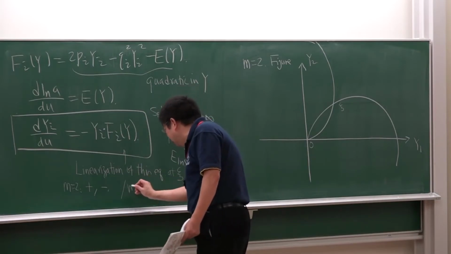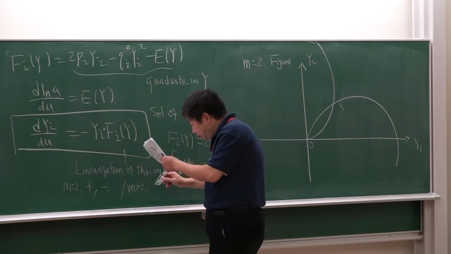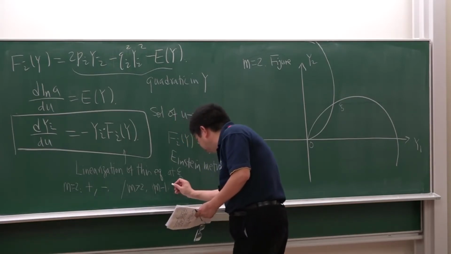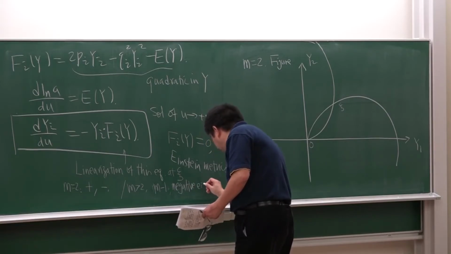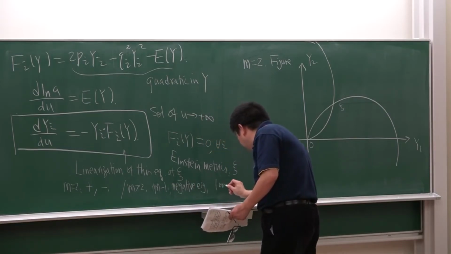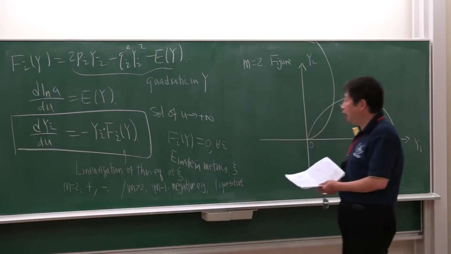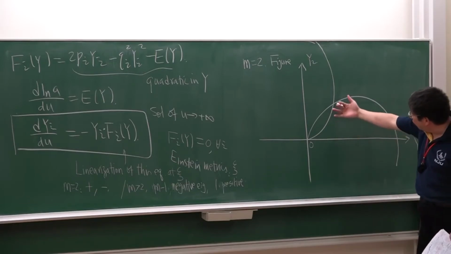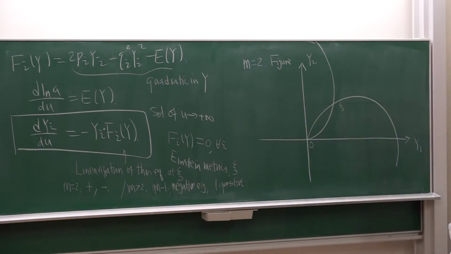If m is bigger than 2, you get a negative eigenvalue with multiplicity m minus 1, and only one positive eigenvalue. So if you imagine adding more of this in a three-dimensional picture, you can imagine that kind of thing a little bit.